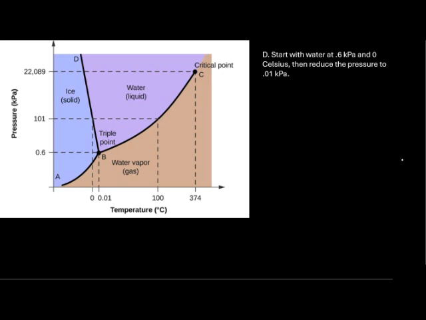For our final problem, we'll start with water at 0.6 kilopascals and 0 Celsius, and then reduce the pressure to 0.01 kilopascals. We'll place a red marker at 0.6 kilopascals and 0 Celsius at the intersection of these dashed lines and label it D. Then we'll reduce the pressure to 0.01 kilopascals.